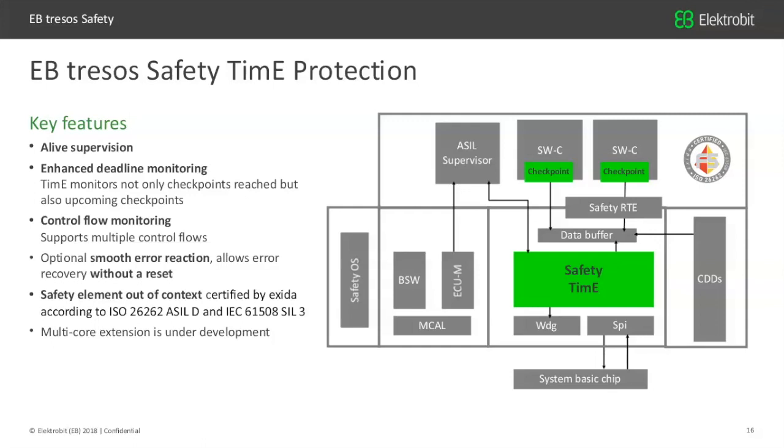From an architectural standpoint, the time E module interfaces directly with the watchdog driver and exists in its own partition or domain. It has an interface with the surrounding application environment through checkpoints.